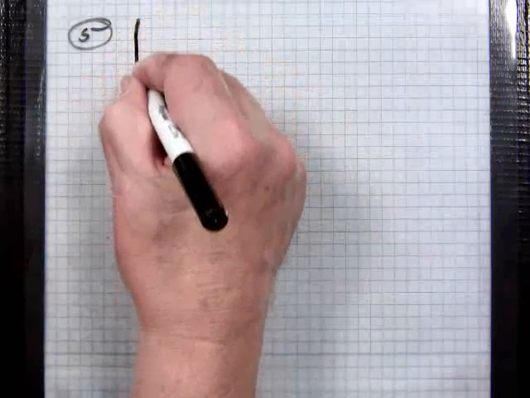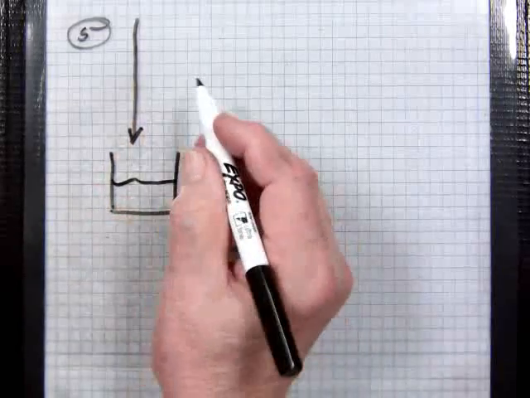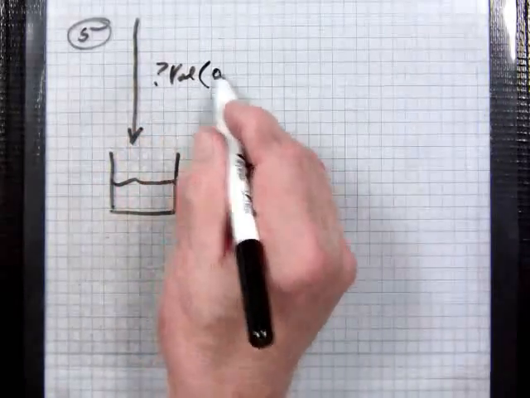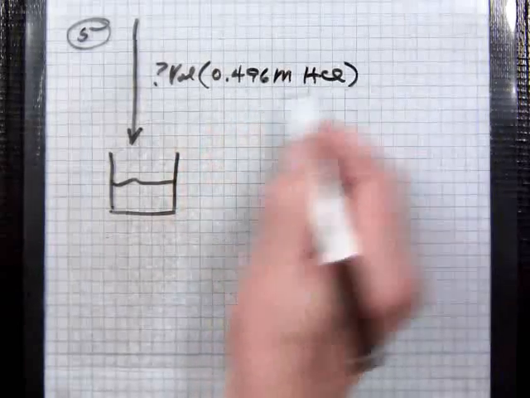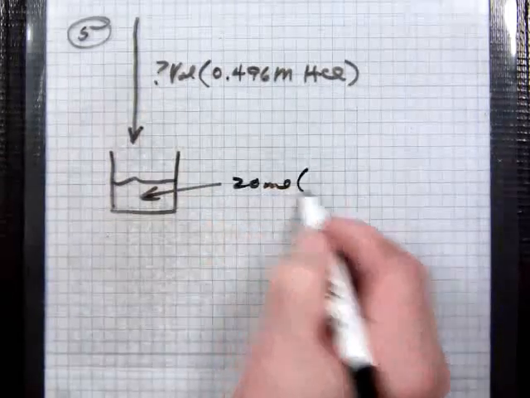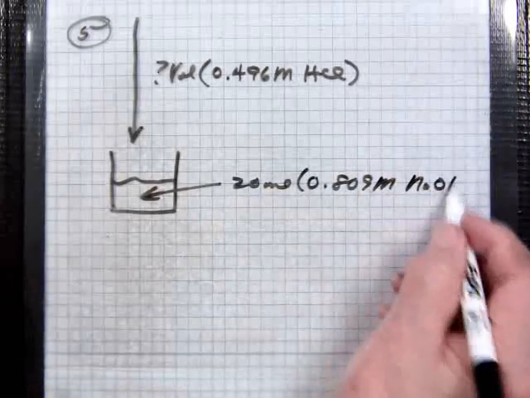Looking at what volume of 0.9496 molar HCl is required to neutralize 20 milliliters of 0.809 molar sodium hydroxide. So in this problem, say we have a burette, and the burette says what volume of the 0.496 molar HCl is used to neutralize 20 milliliters of 0.809 molar sodium hydroxide.